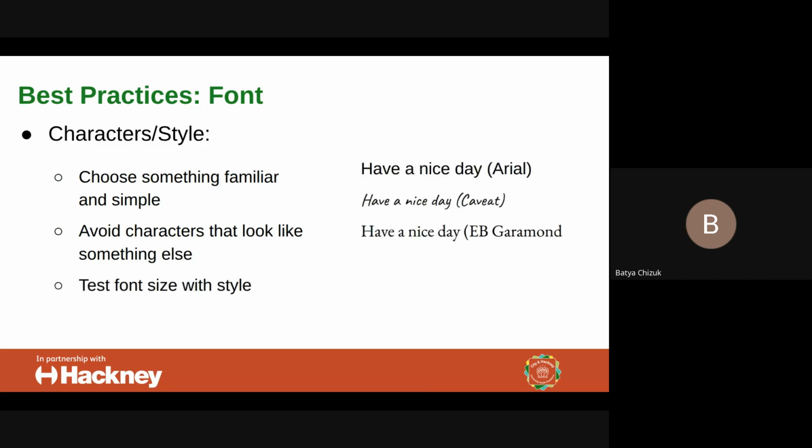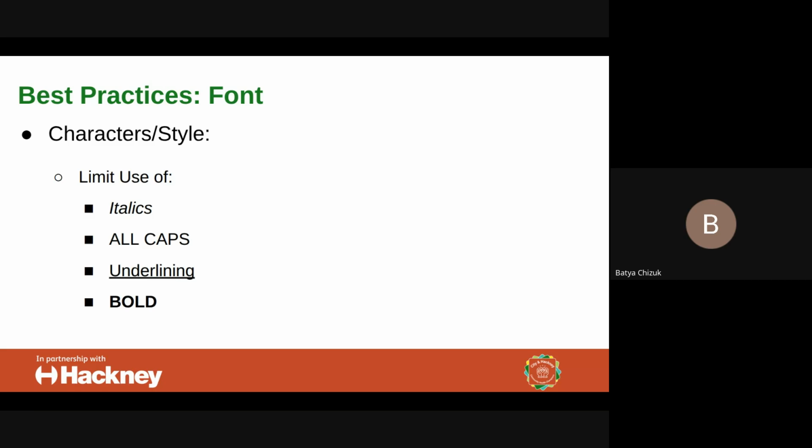So then there's the illustration. The Arial is nice and clear. The script one is not clear to everybody. And the Garamond is also not as clear. So it's testing out the font styles together with the style that you want. Next. So you don't want to use too many italics because they are lighter than the normal script.